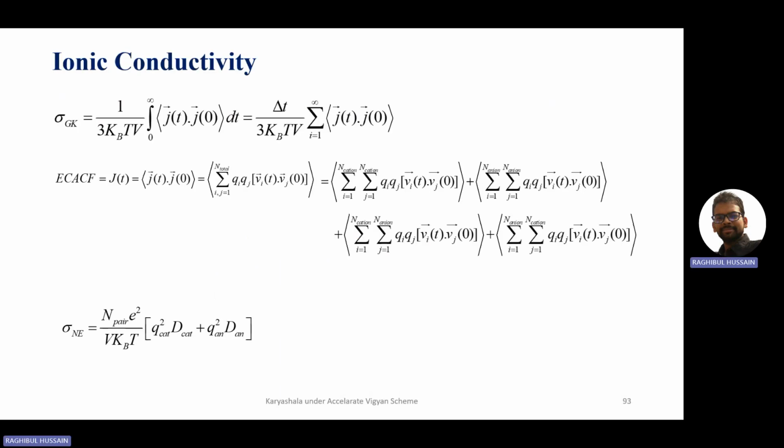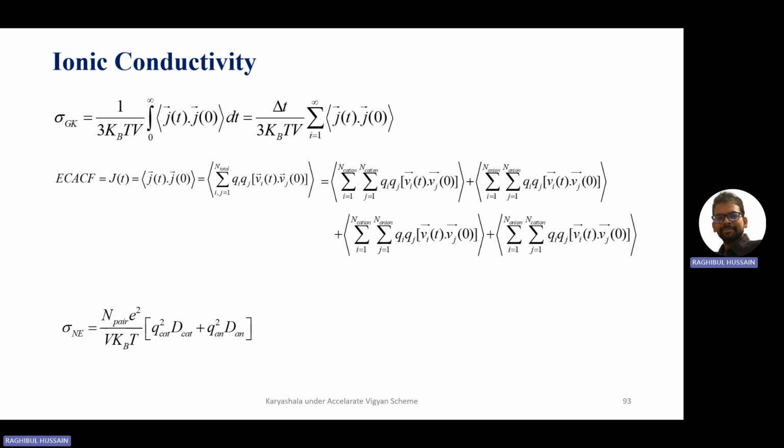So next is again the ionic conductivity. The ionic conductivity is again calculated by the Green-Kubo method. Basically, there are two methods to compute the ionic conductivity. One is the Green-Kubo method, another one is the Nernst-Einstein method. What is the difference between Nernst-Einstein and Green-Kubo? Nernst-Einstein does not consider the inter-ionic part.